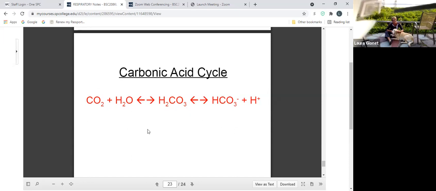It's the respiratory system that can affect that carbon dioxide level to the far left. If we increase respirations, so you start to hyperventilate, that carbon dioxide level will go down. So will the hydrogen ion concentration, and the pH value goes up.